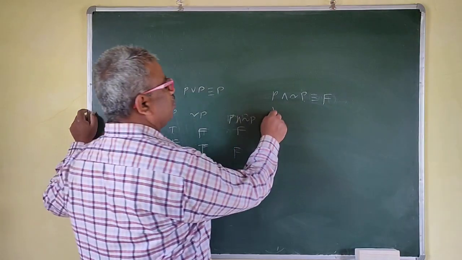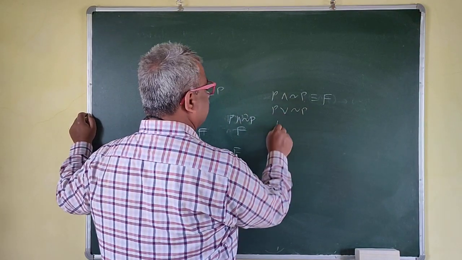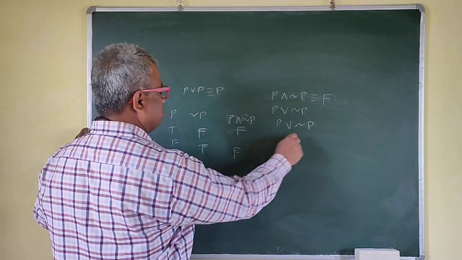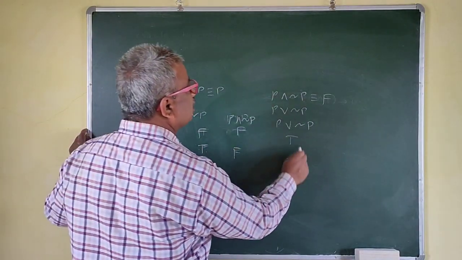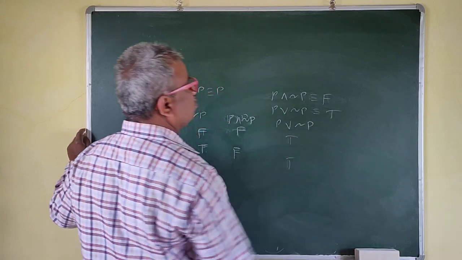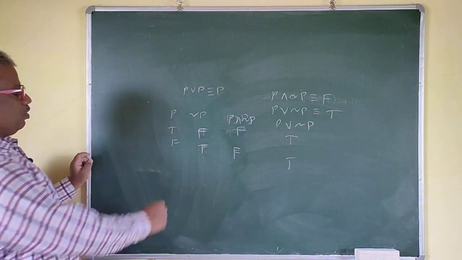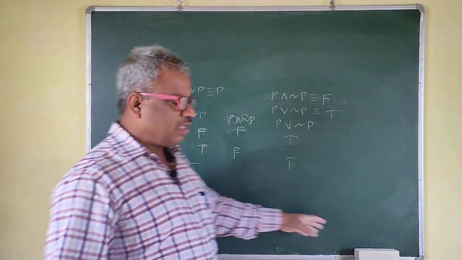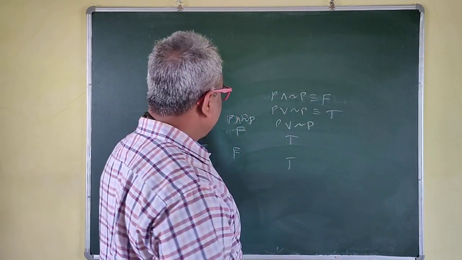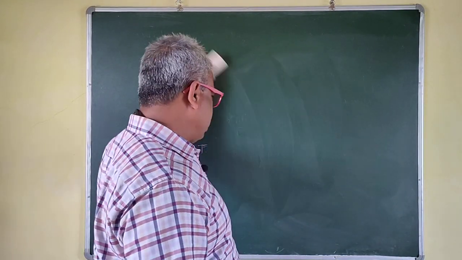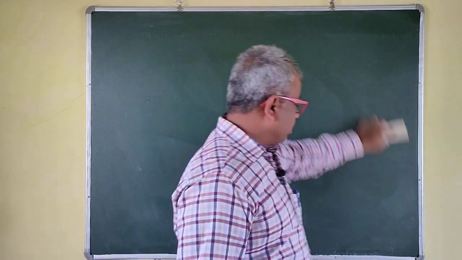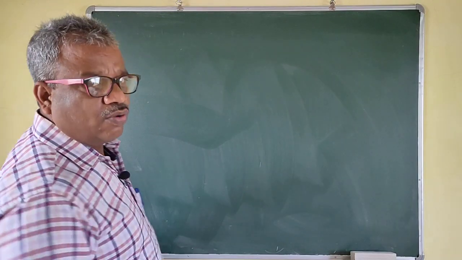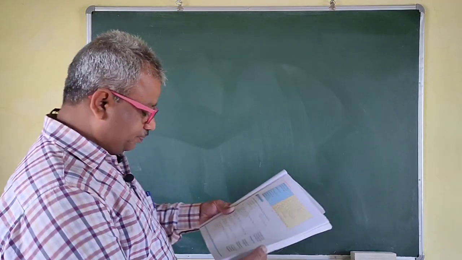Suppose P or negation P is there: T or F is T, F or T is T. That means this is logically equivalent to a tautology. If you can't remember this, do the truth table and with the help of the truth table, write the answer.